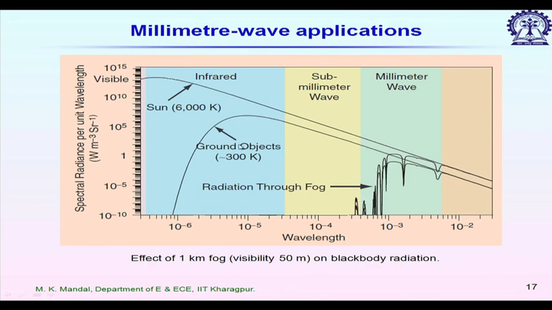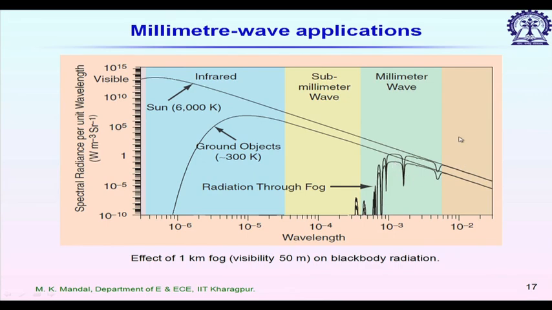So, for the infrared in clear sky condition, it was approximately 10 to the power 7 times, and now even at 10 to the power minus 10 we do not have anything, but at millimeter wave frequencies of course it decreases. We have some finite attenuation due to fog, but still maybe just 10 dB per kilometer.